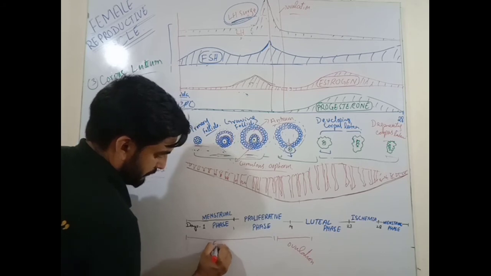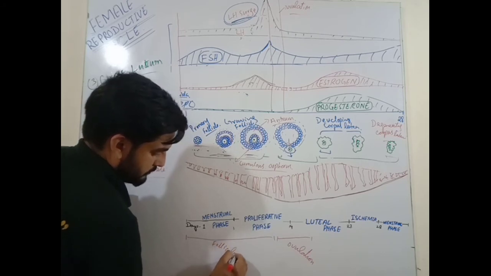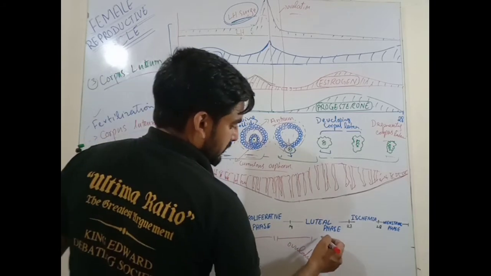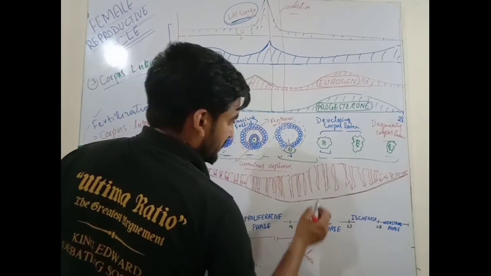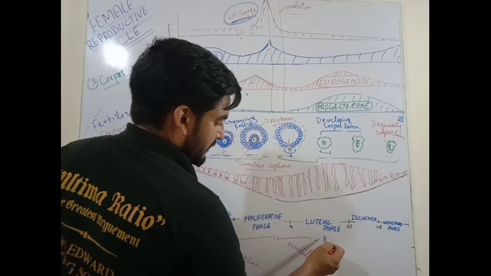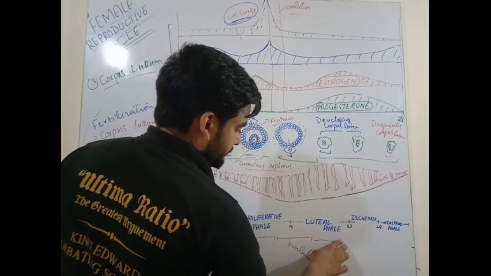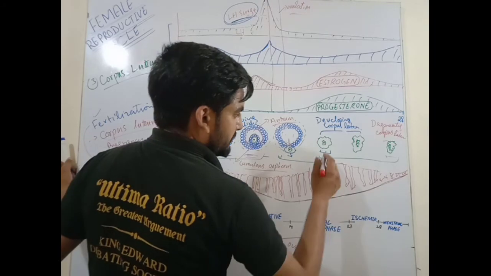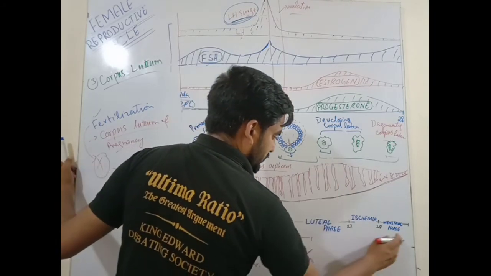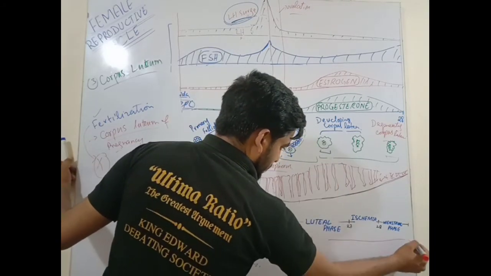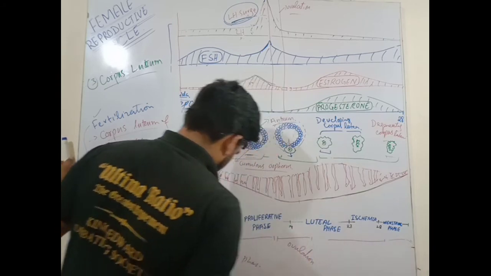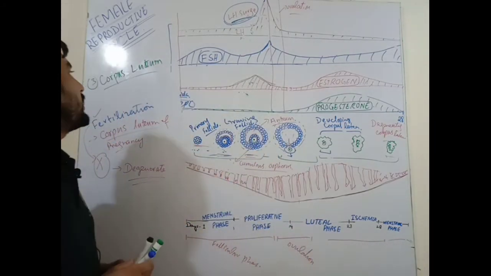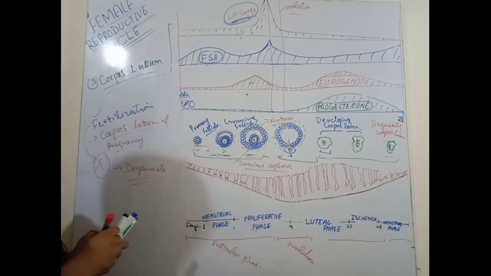This is the follicular phase, and after ovulation the luteal phase occurs, that is the formation of the corpus luteum. If fertilization does not occur, the corpus luteum is degenerated, and then the menstrual phase starts. From here menstruation starts, so it is excreted out. So this was the ovarian cycle.